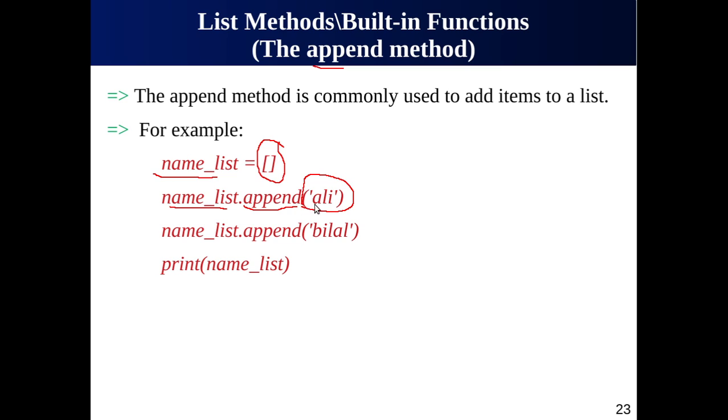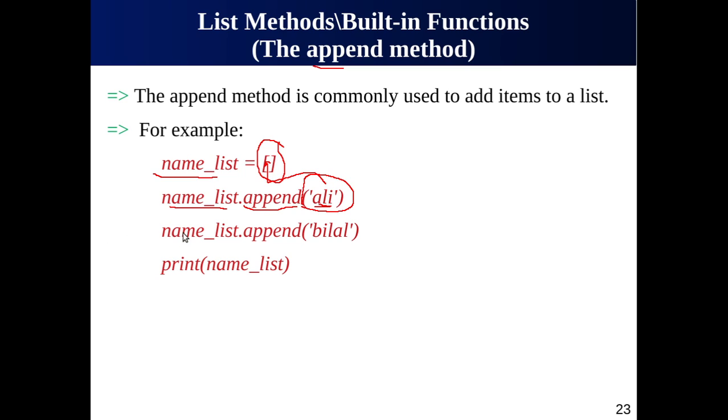So I want to add this string element, that is Ali, to this list, and this is an example of the argument. So you have to provide it as an argument to this function. What is happening here? This Ali will be added to this list. Now I want to add another element, so you have to do the same thing.